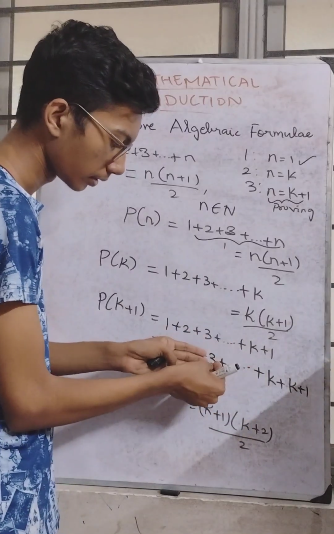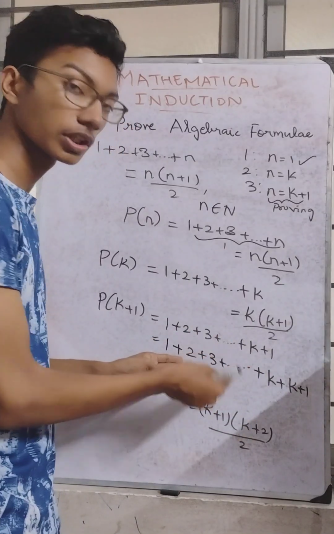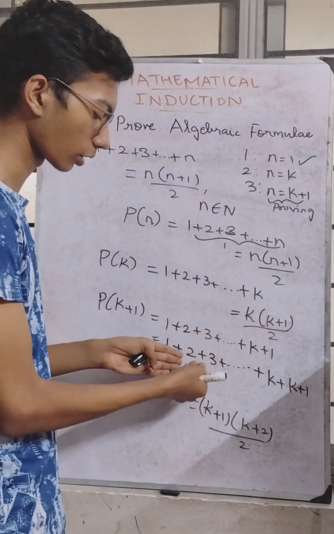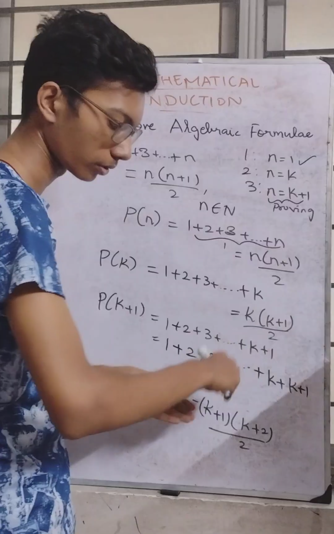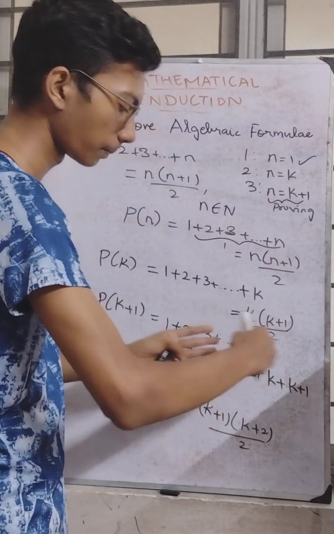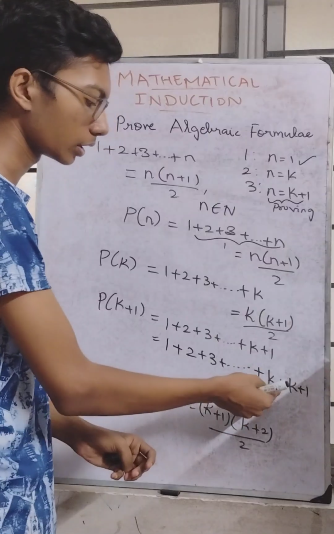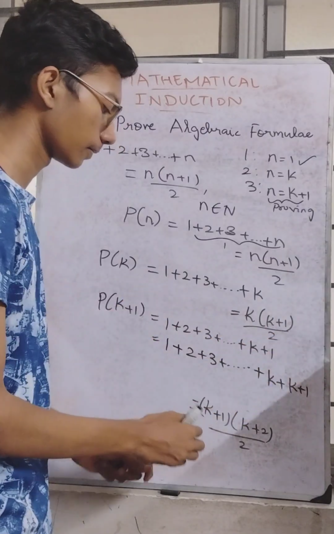Because the predecessor of 3 is 3 minus 1, which is 2. The predecessor of 2 is 1, which is 2 minus 1. So the predecessor of k plus 1 is k. So this is what the meaning of this expression is.